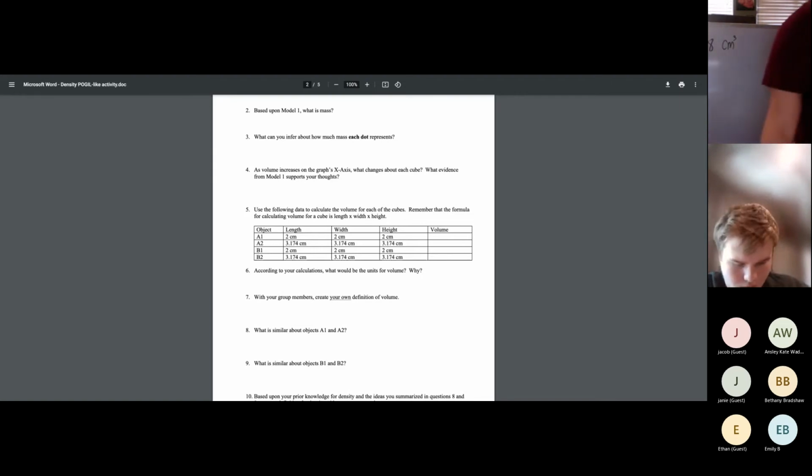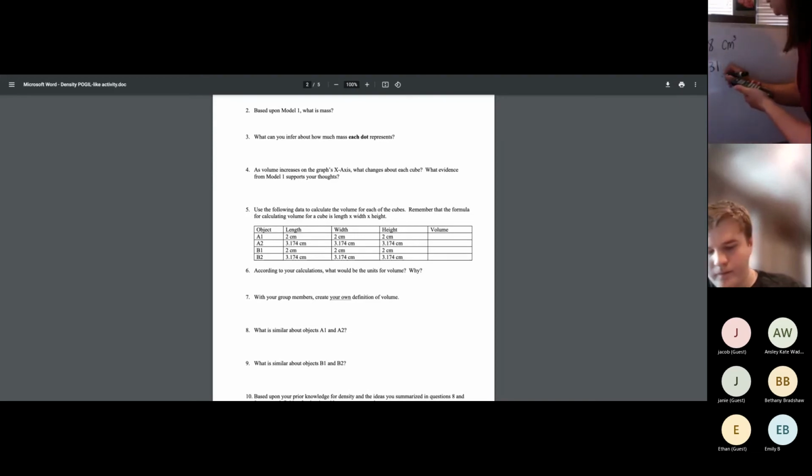I got something different. Hold on, let me put it back in my calculator. So 3.174 times 3.174 times 3.174. Yep, I got what you did. So that would be 31.98 centimeters cubed.